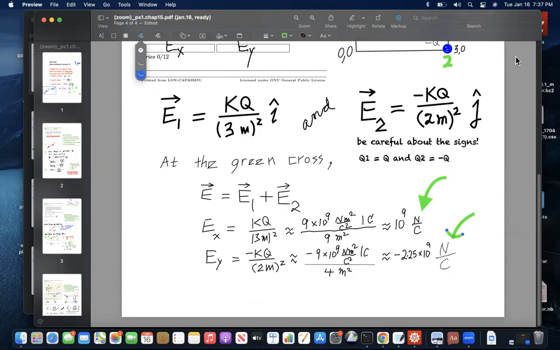Okay, any questions about these problems or any of the other problems that you've been working on from chapter 15? I don't see any questions on the chat board. Anybody want to just unmute your microphone and speak up a question?